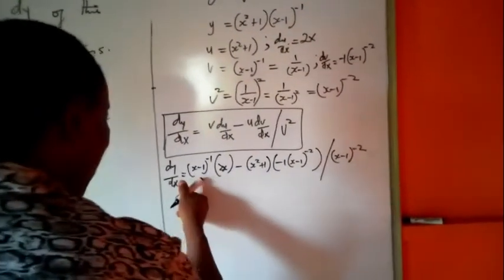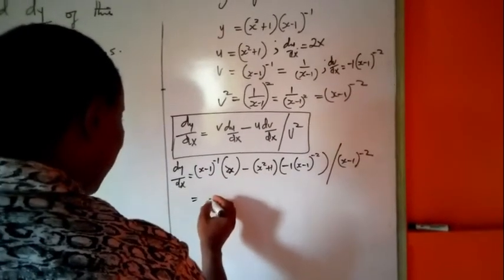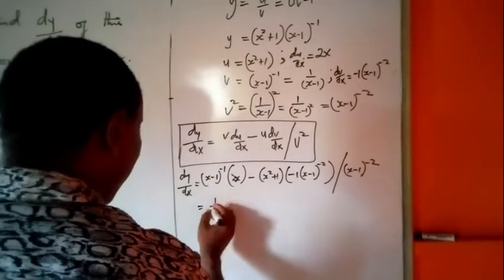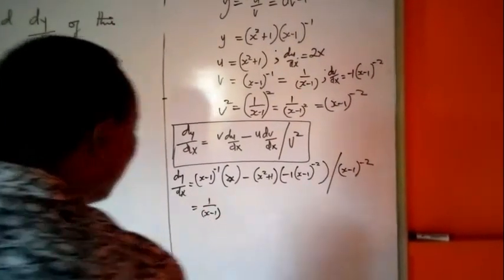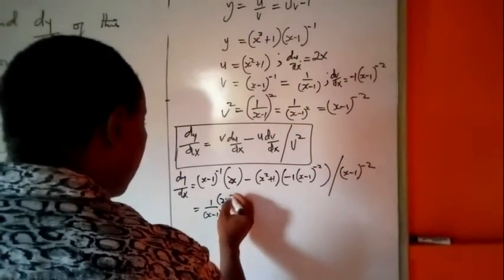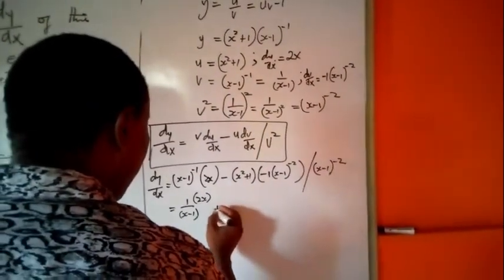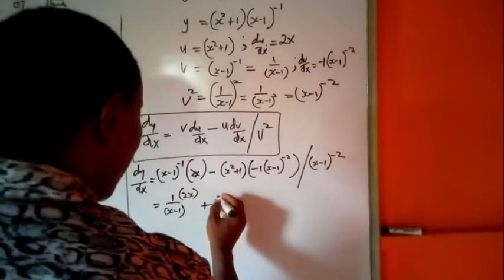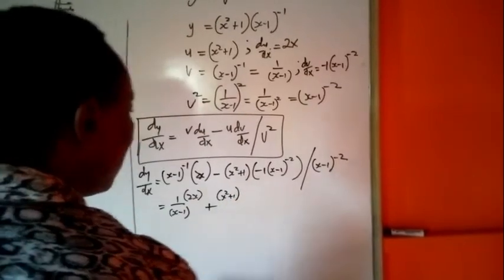So the meaning of this is simply 1 all over, so you now have that minus 1 all over x minus 1, multiplied by 2x. Minus minus will give you plus. So this one is in the numerator. It goes up and becomes x squared plus 1.